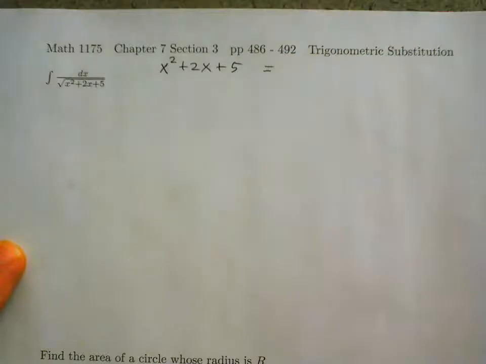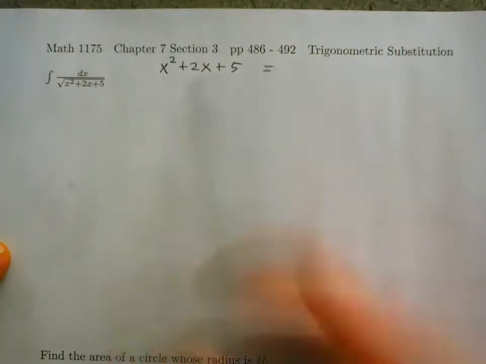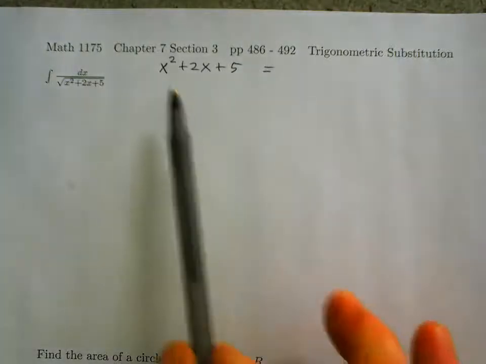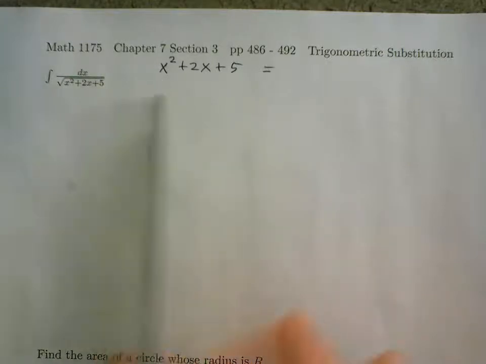And we're going to complete the square on x squared plus 2x. So remember what that means. Another way to describe completing the square is creating a perfect square trinomial.